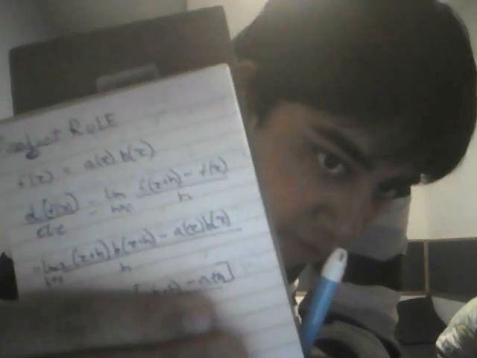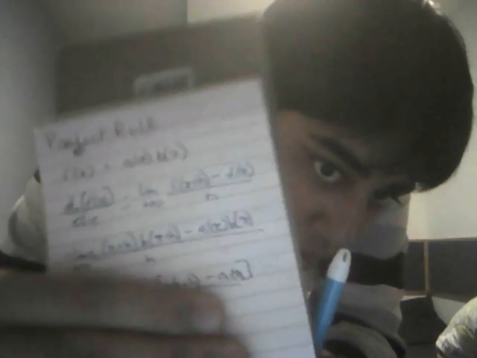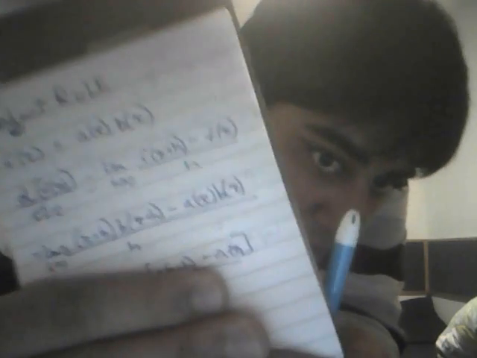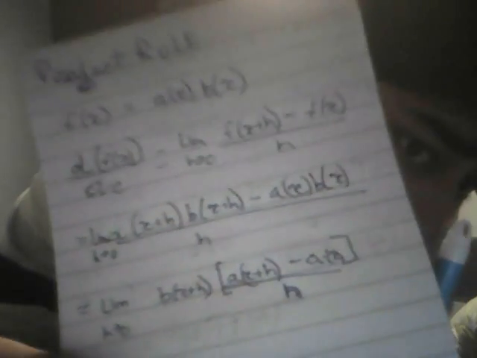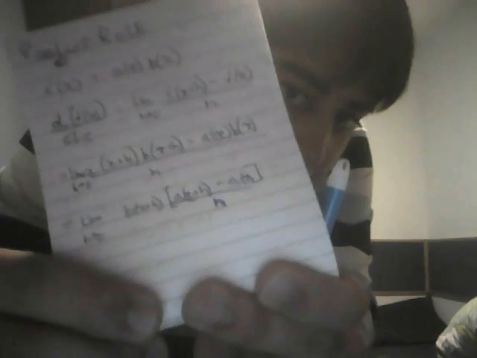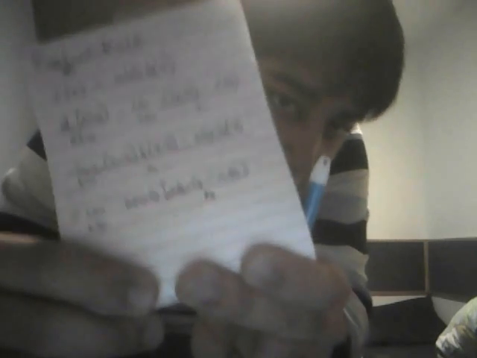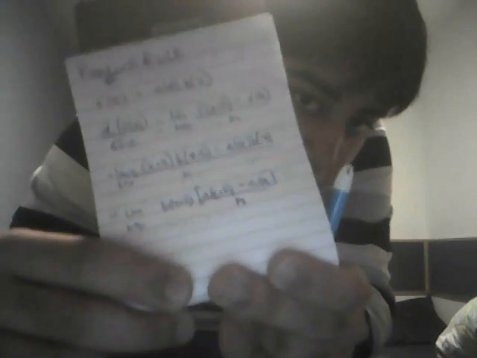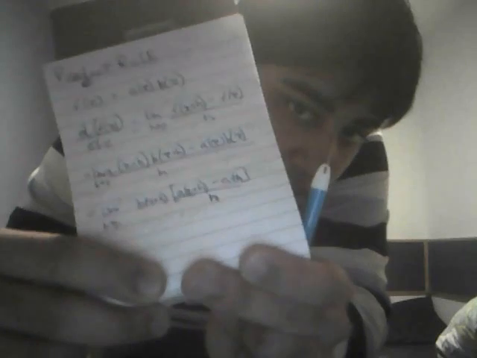We substitute the value of f(x) and we get the limit h tending to 0 of a(x plus h) into b(x plus h) minus a(x) into b(x), all over h. That is what we are given there.